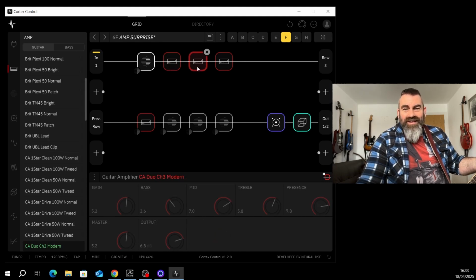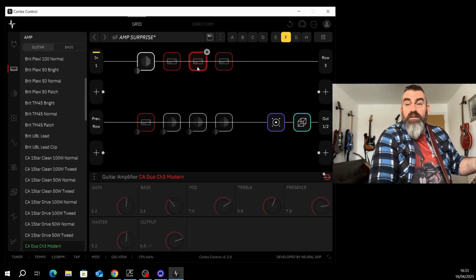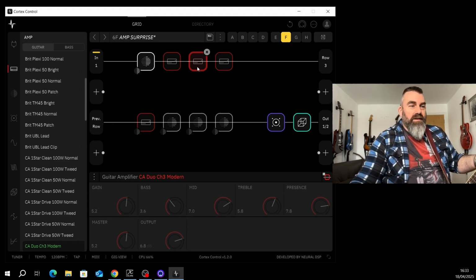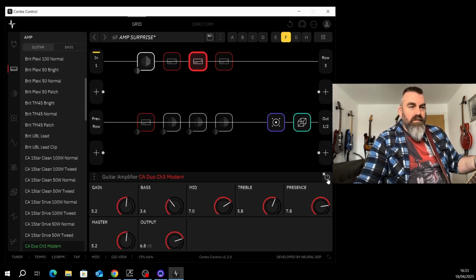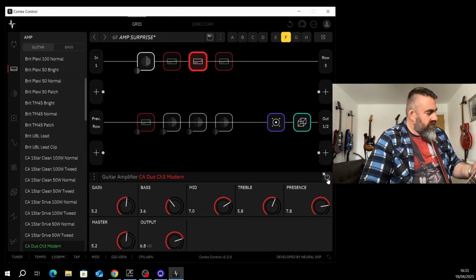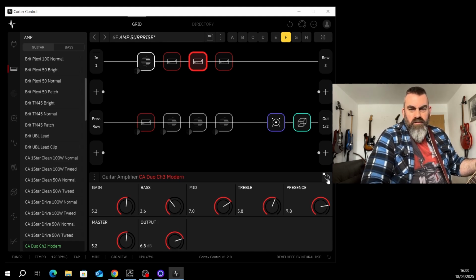Yeah, it's the Mesa Boogie Dual Rectifier, and it sounds a little bit like this. Yeah, big beefy fucking sounds.